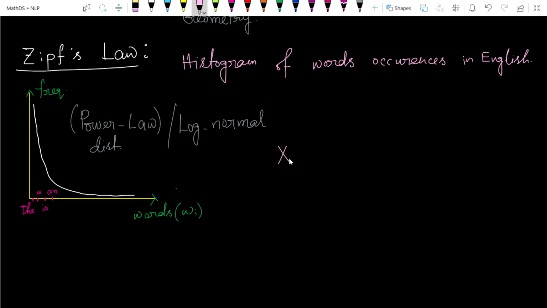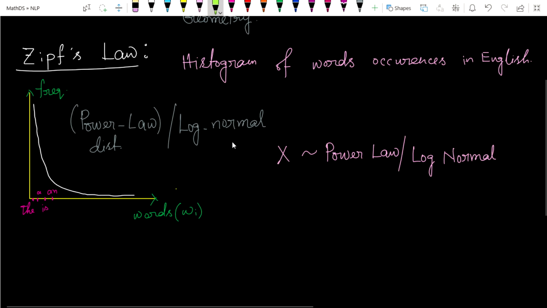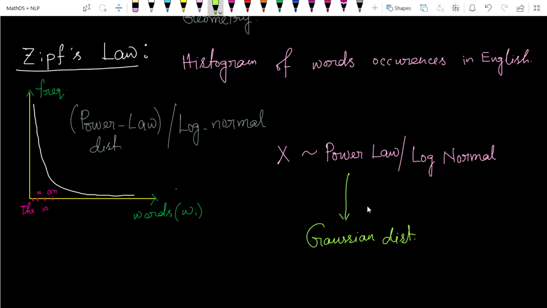We have already seen in the probability and statistics chapter that if some distribution follows a power law distribution, or a log normal distribution, then to transform it into a Gaussian distribution, we simply apply the Box-Cox transformation.